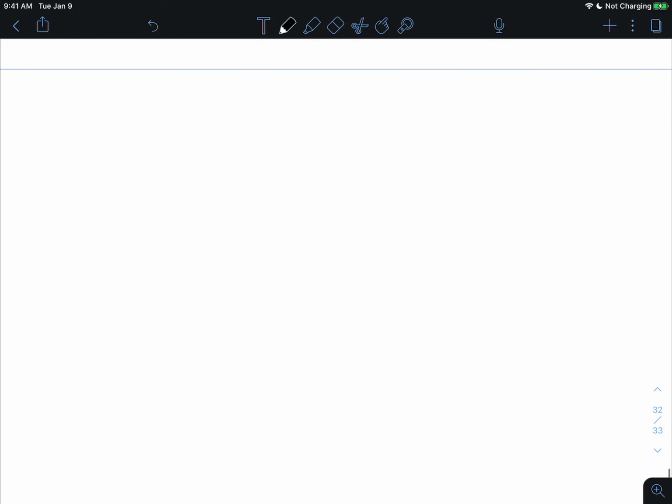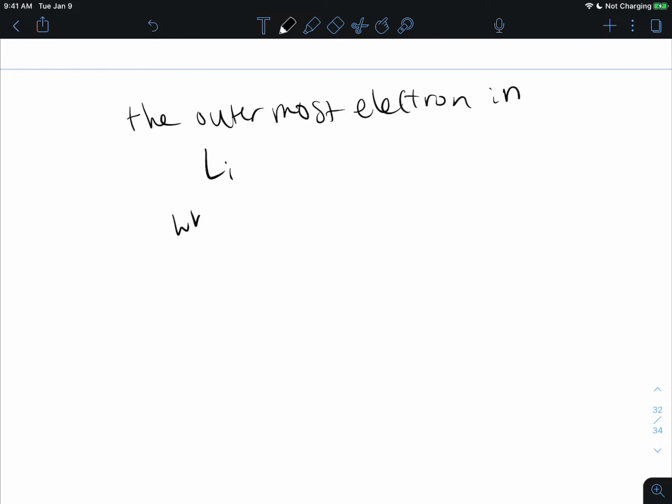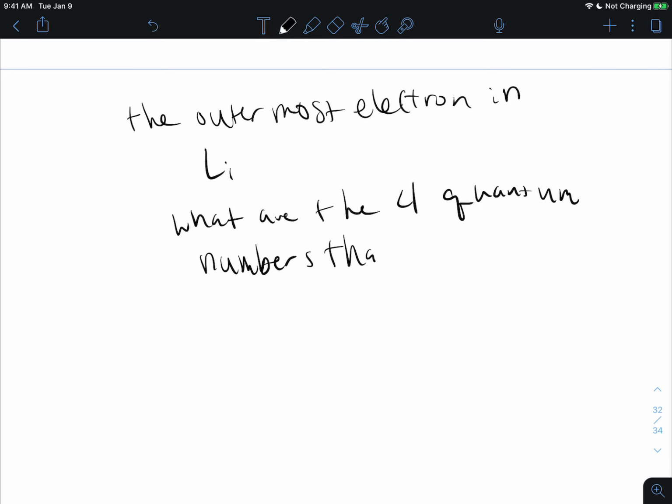So let's say we have the outermost electron in lithium. What are the 4 quantum numbers that describe it?